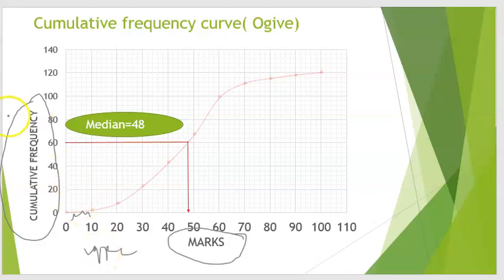But since our data is starting from 0, we can have a clear table without those breakages. Therefore, we are putting the upper class limits on the x-axis, and the cumulative frequency on the y-axis.